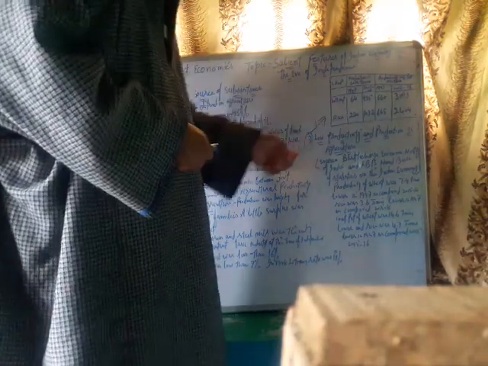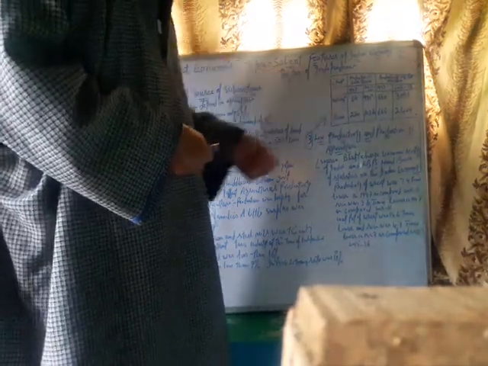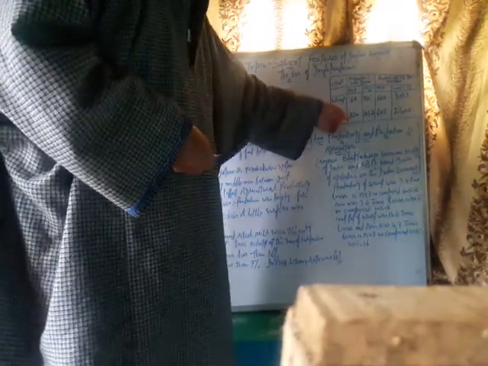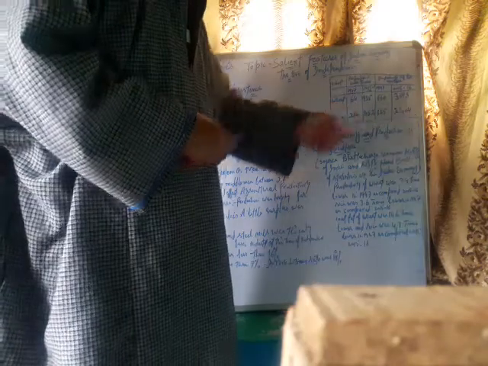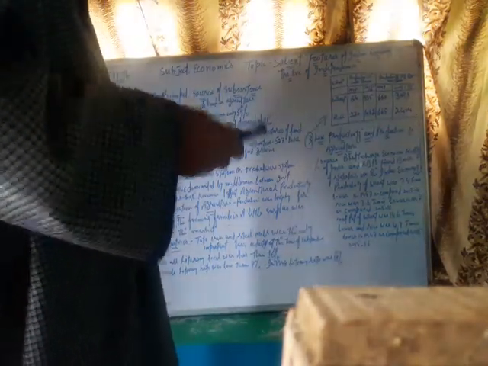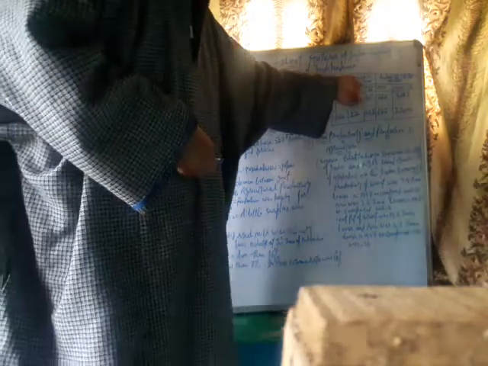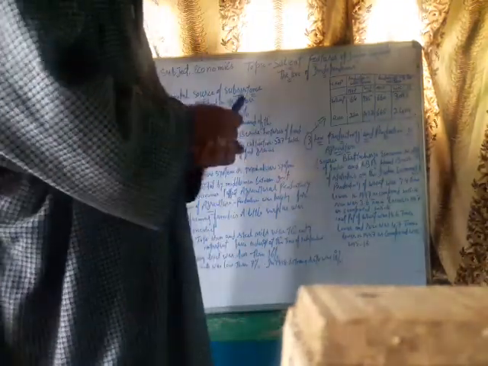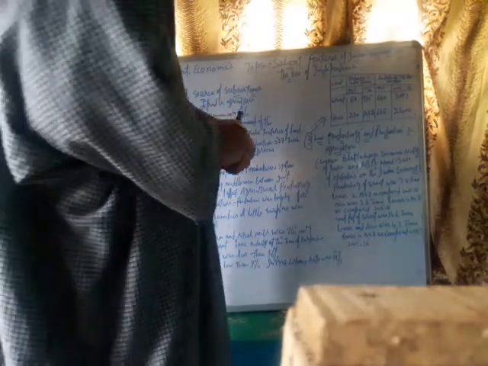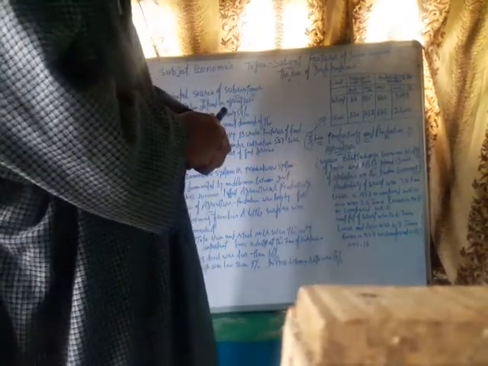Second, rice. In 1947 the production of rice was 222 lakh tons, whereas in 2015-16 it is 1032 lakh tons.